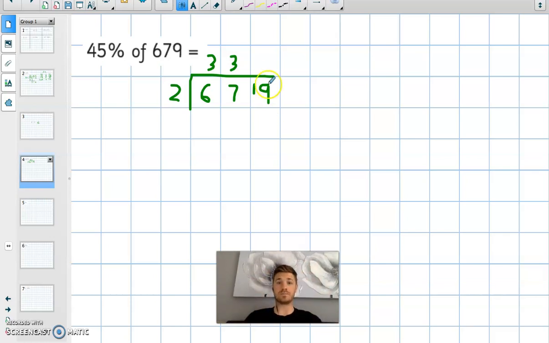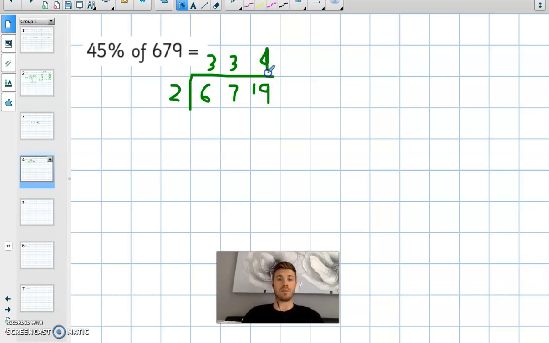So there's 9 with another remainder. And this is where you need to carry those. So you put your decimal point in here and here, and then put your placeholder and carry that one over. That's your remainder. Then how many 2's are in 10? There's 2, 4, 6, 8, 10. There's 5. So 50% of 679 is 339.5.